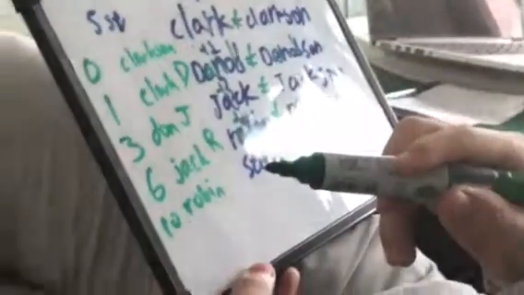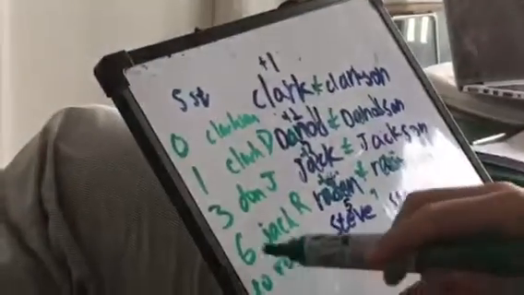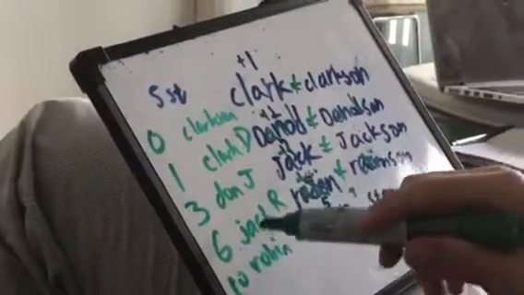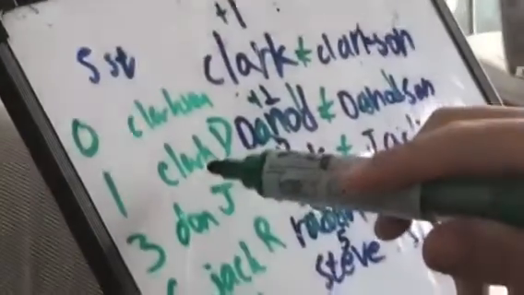So let's see if these ages satisfy this problem. Robin is older than Robinson. Jack is older than Jackson. Donald is older than Donaldson. And then Clark is older than Clarkson.